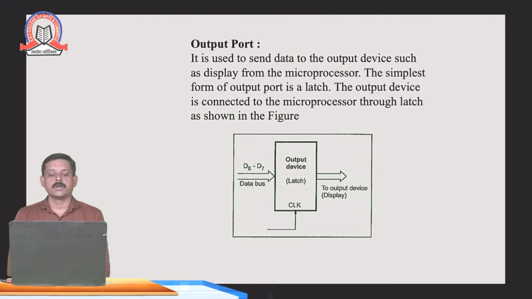As you can see, the data bus lines D0 to D7 transfer the output to the latch with a clock, and then the data is transferred to the particular output device, such as a monitor, printer, etc.